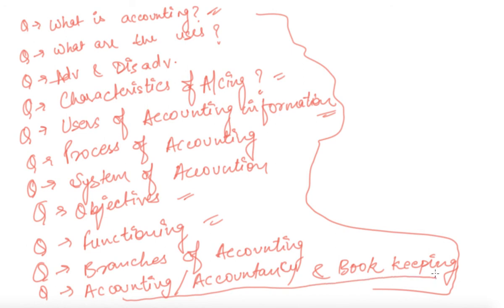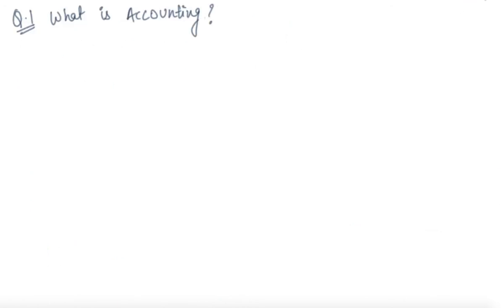So these are the main questions which you should focus on to attempt your answer sheet. So answering the first question, what is accounting? As I discussed, we use accounting in our daily process but we name it as something else. Now we are going to clear what accounting means.